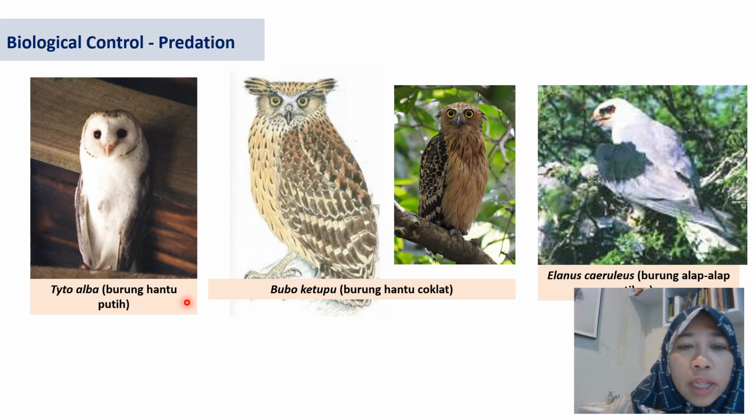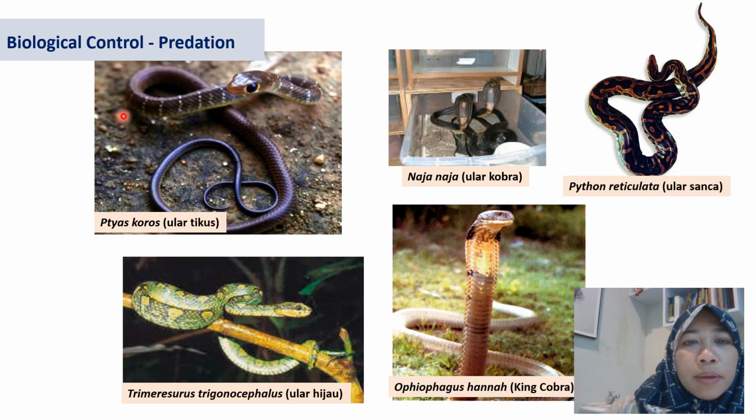This is a biological agent. The Tito alba species is different from bubu ketupu. It's different from Elanus caeruleus. Among these three species, the Tito alba is the most common biological agent to control the rat.